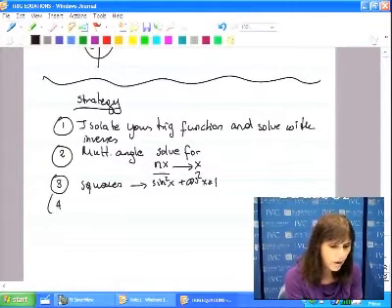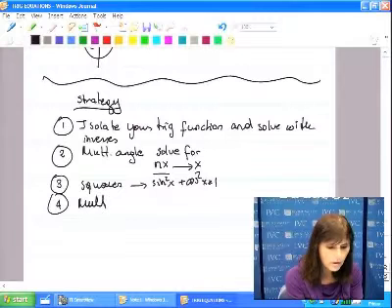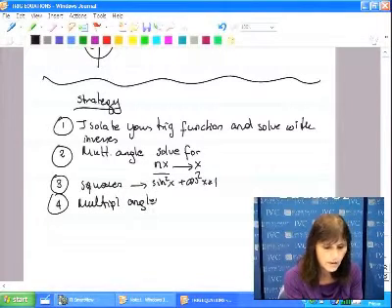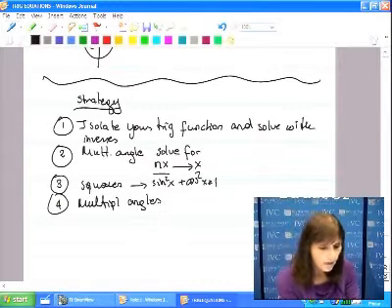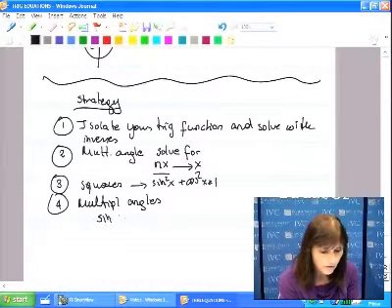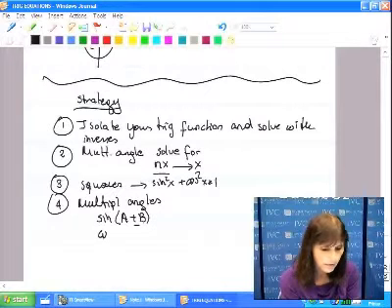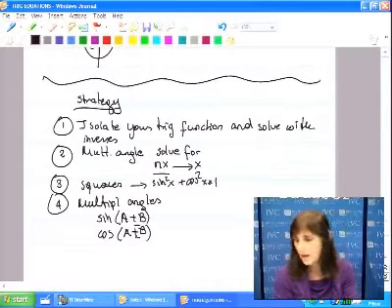And again, if you have multiple angles, if it is a little complex and you cannot isolate it, try to use the formulas for sine a plus b, a minus b, cosine a plus b, a minus b.